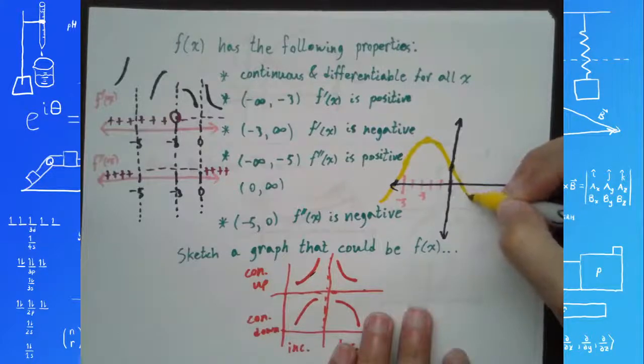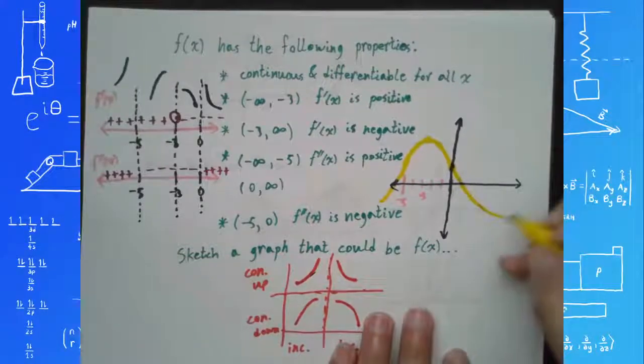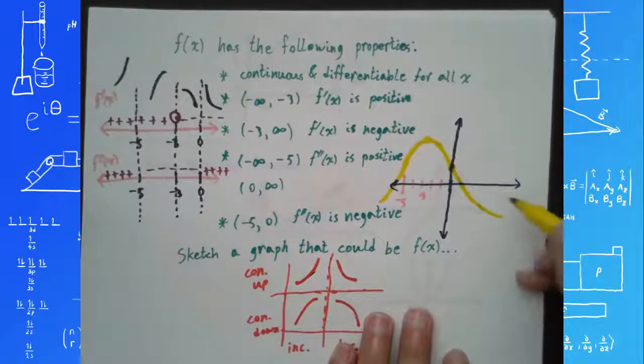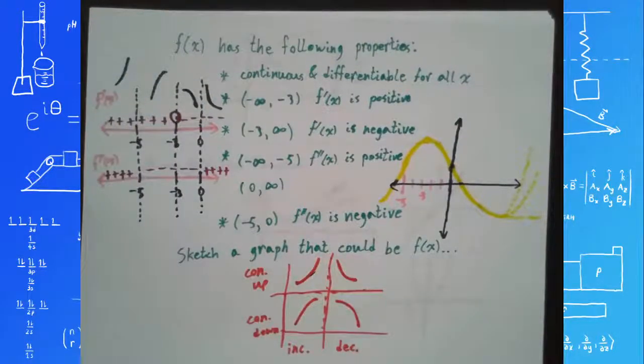Maybe it approaches some horizontal asymptote, or maybe it turns up. So again, like I said before, there are multiple interpretations. You could go this way, you could just have it flatten out and get smoother as you go. There's a whole bunch of different ways you could draw a correct graph that fits this description.